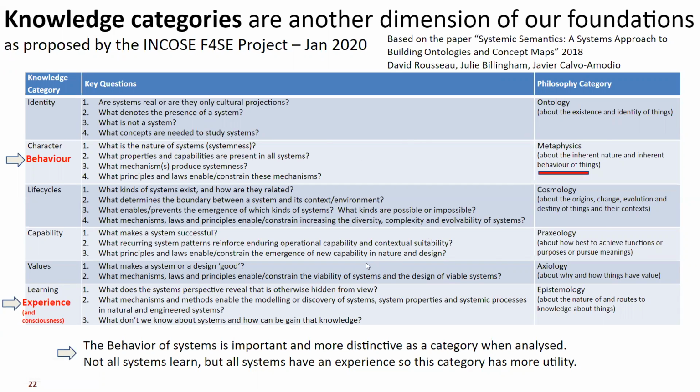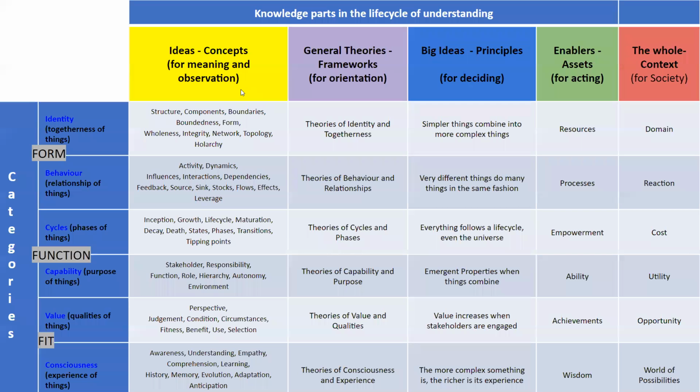So what we're able to do now is, okay, this is the column related to the concepts and the ideas and things that are given semantic meaning. So these are the concepts now placed within these particular categories. So when we talk about identity and the togetherness of things, we use these concepts and others: structure, components, boundary, boundedness, form, wholeness, integrity, network, topology, holarchy. These all relate to the identity and the togetherness of things.